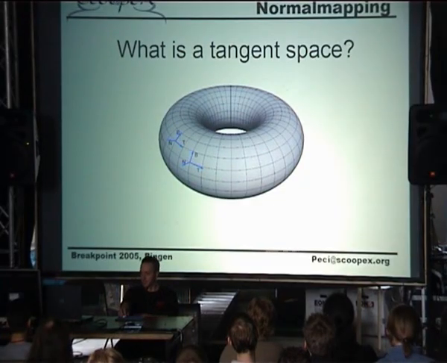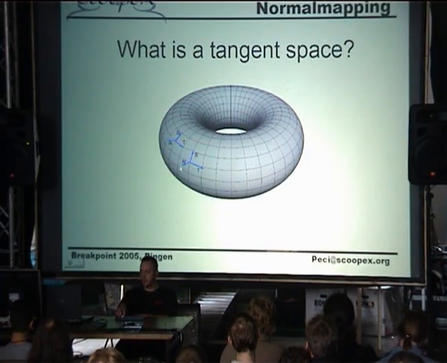As I said, it's relative to the object position. What you do is you take the UV information and transform that UV information into 3D space. So you create a matrix out of three vectors. The first vector is the normal from the object.